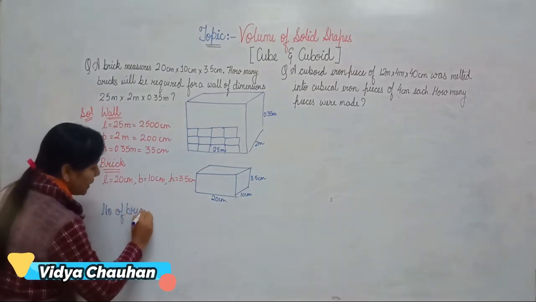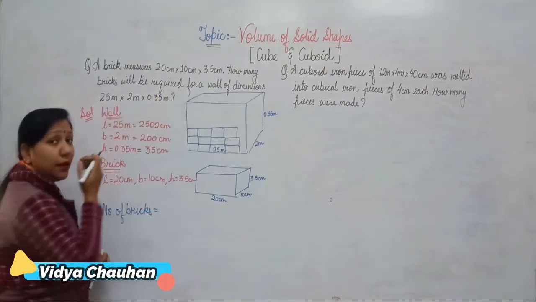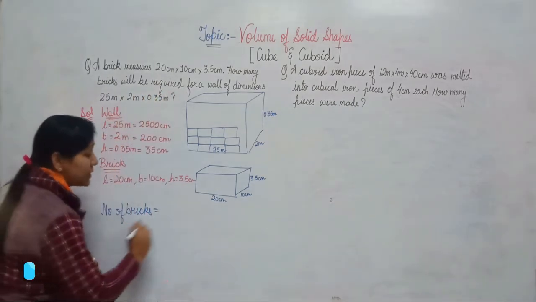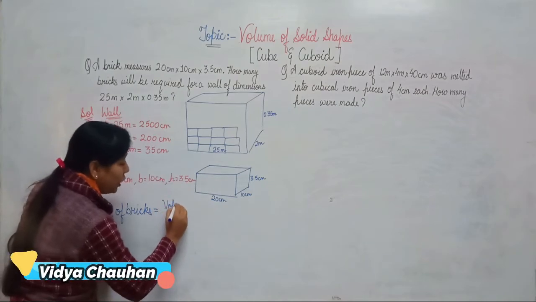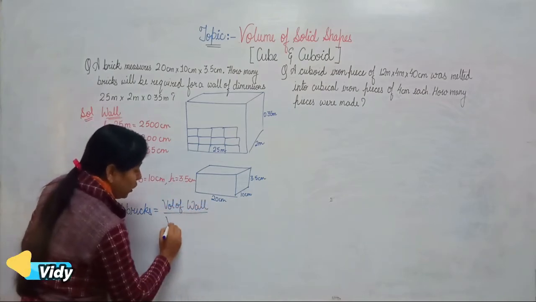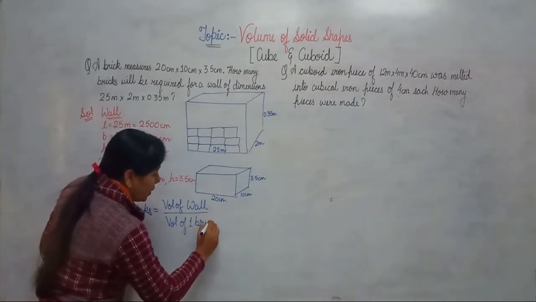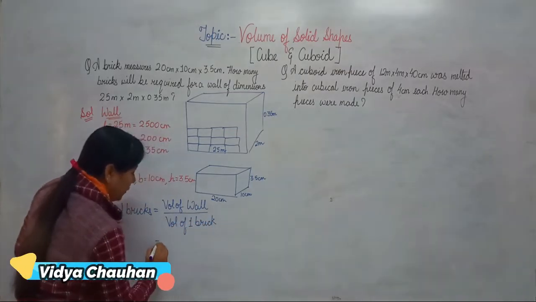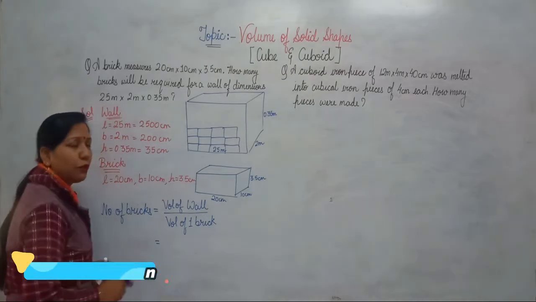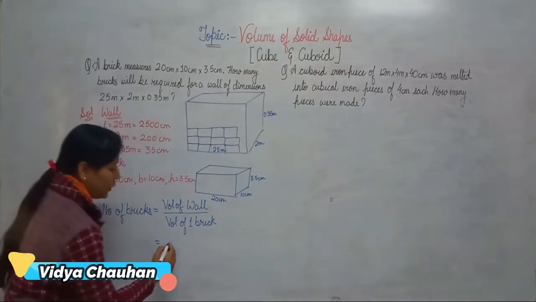The next part is to calculate the number of bricks. How many bricks are required here? The number of bricks will be equal to the volume of the wall divided by the volume of one brick. So putting the values here, what will be the volume of the wall? Since it is a cuboid, the volume will be length into breadth into height.